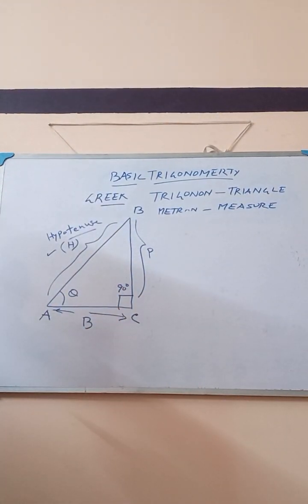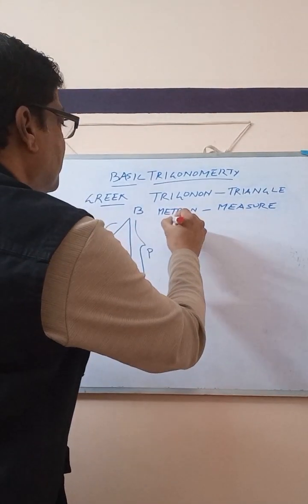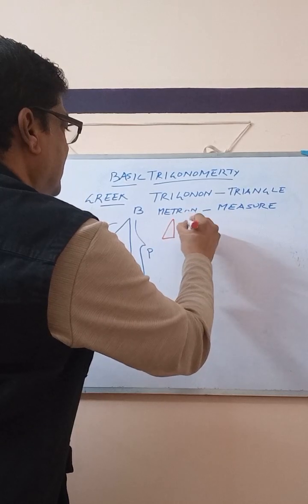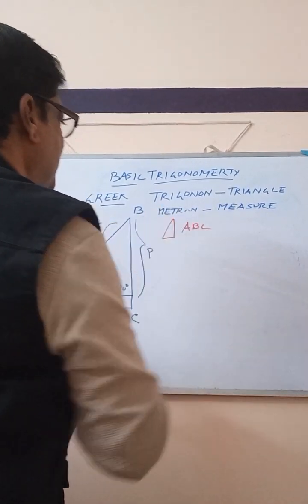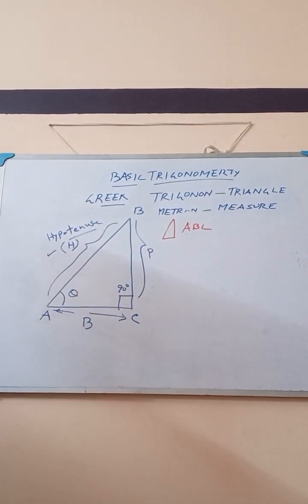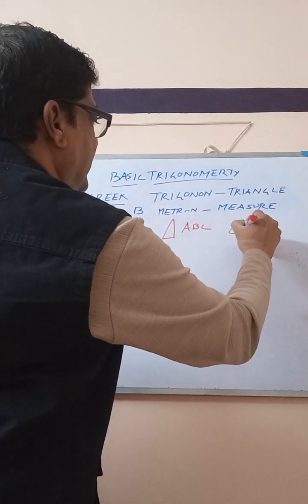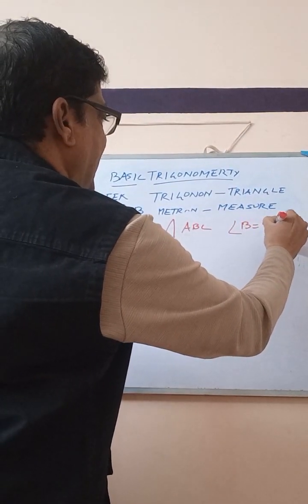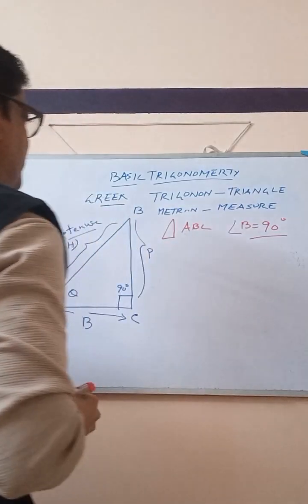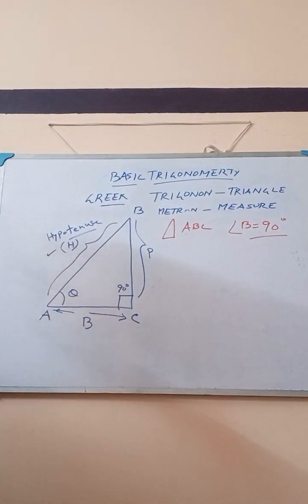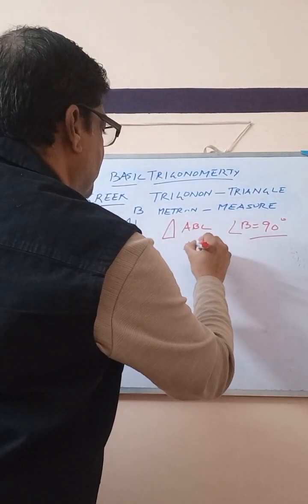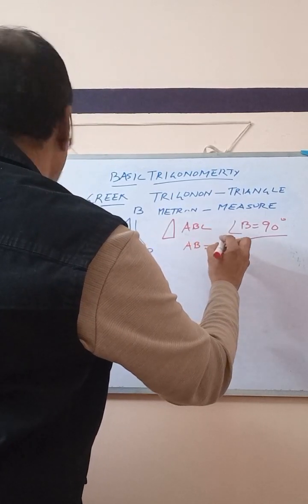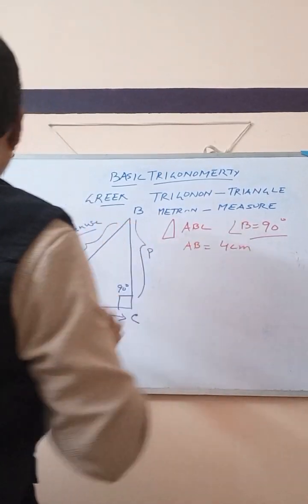Now the first sum is: there is a right angle triangle ABC. ABC is a right angle triangle, right angled at the point B. That means angle B is equal to 90 degrees. AB is given as 4 centimeter.